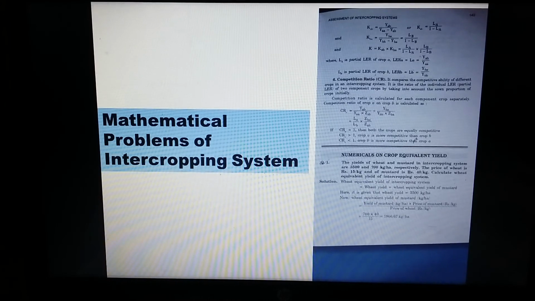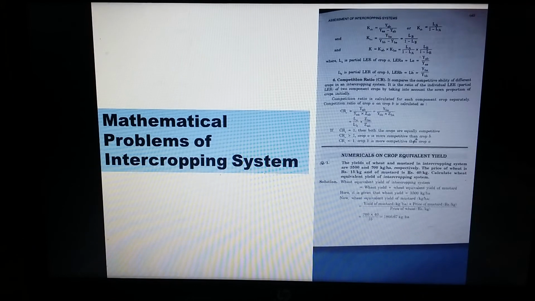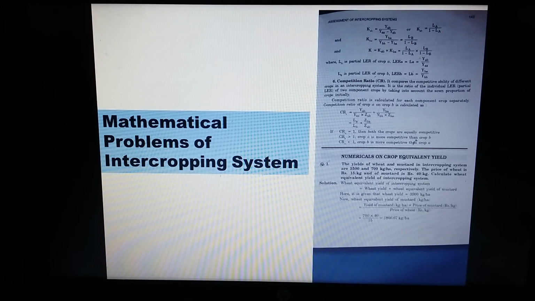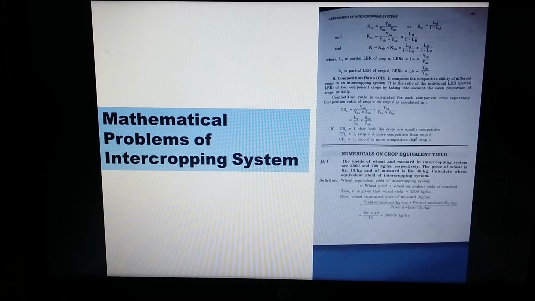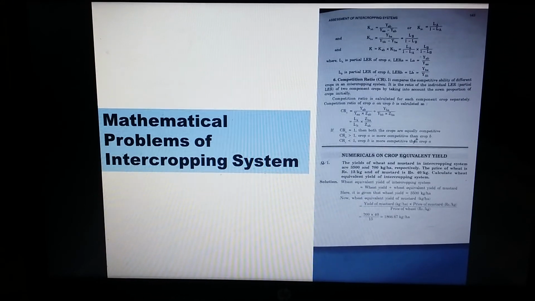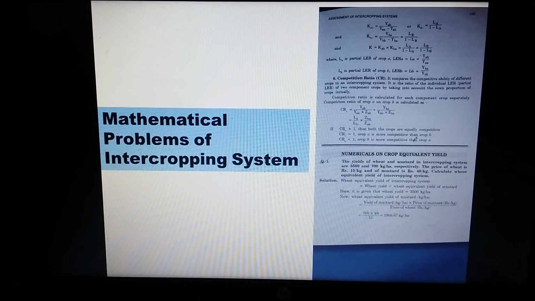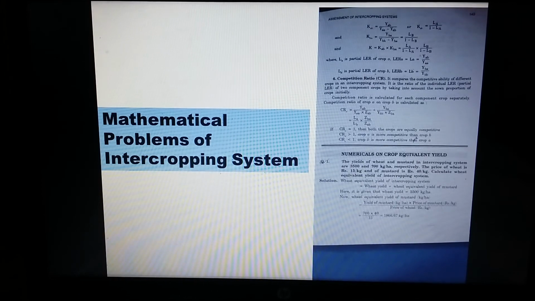If the competition ratio is more than 1, crop A is more competitive than crop B. If the competition ratio is less than 1, then crop B is more competitive than crop A.